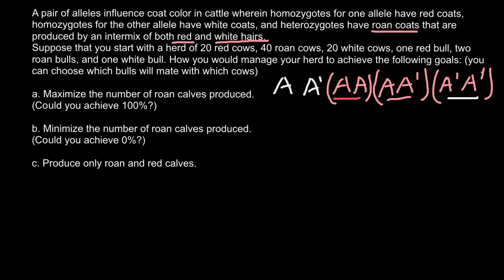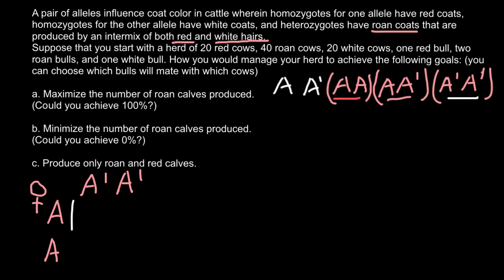So question A, once again, maximize the number of roan cows produced. We can easily achieve this goal. We have to take a cow with this genotype and phenotype. So this is going to be a red cow, and the genotype is going to be A A, and a bull has to be A prime A prime.